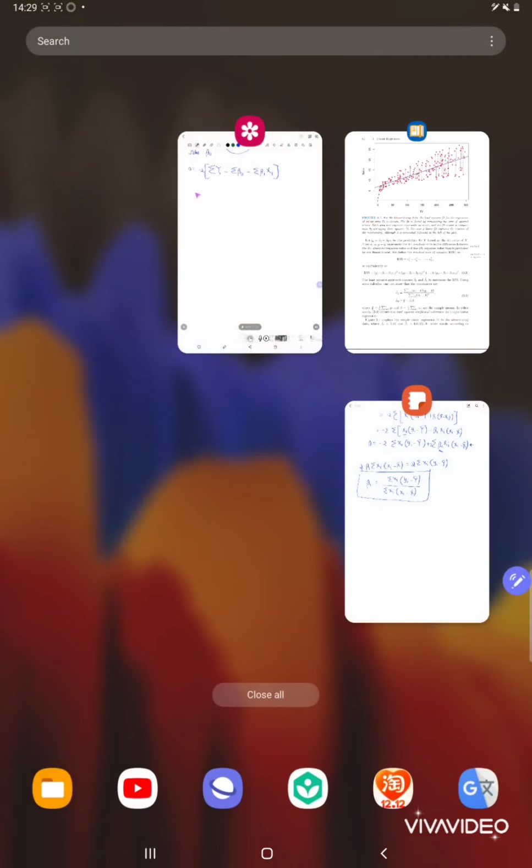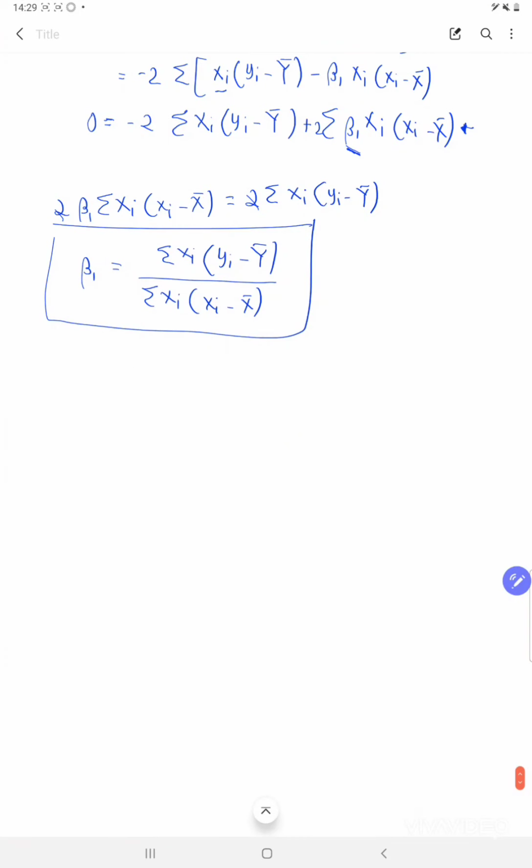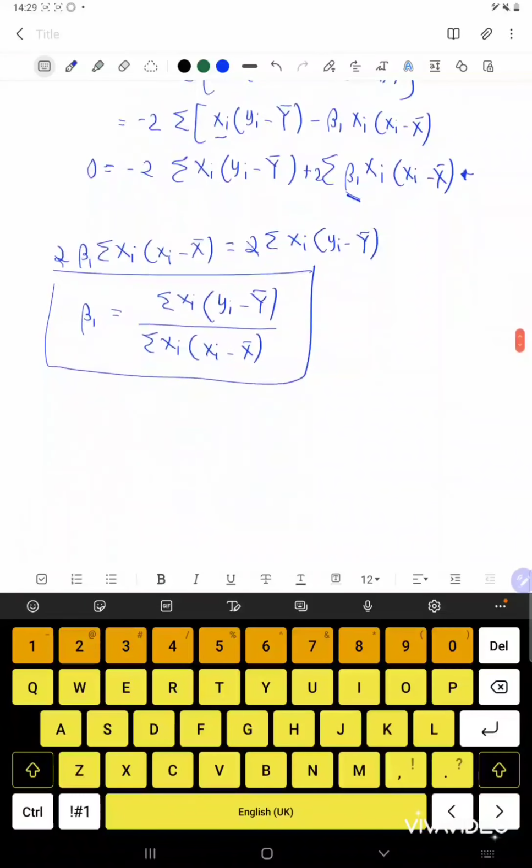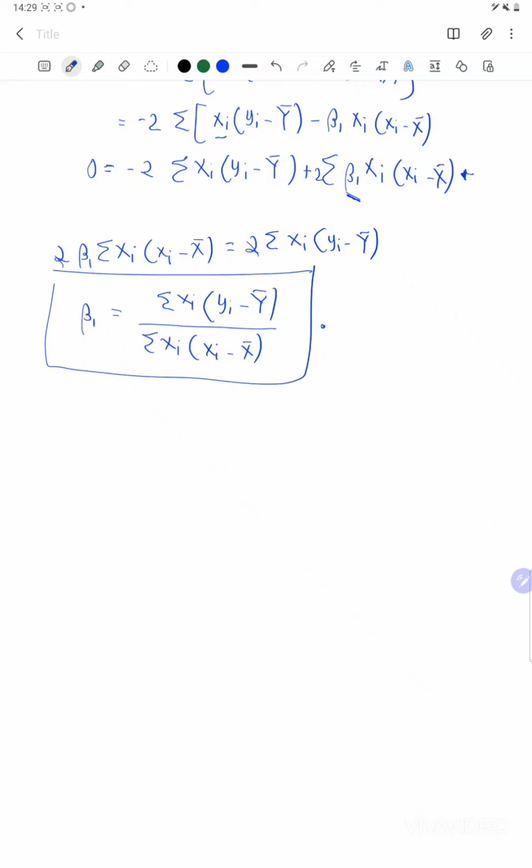So let's go back here. Let's multiply this by the denominator, which is xi minus x bar over xi minus x bar. We all know that this is equal to 1.